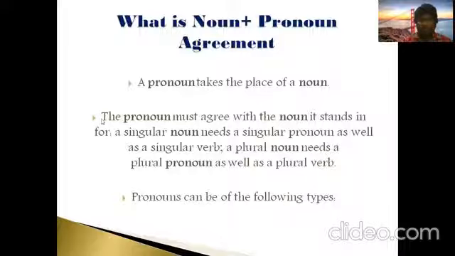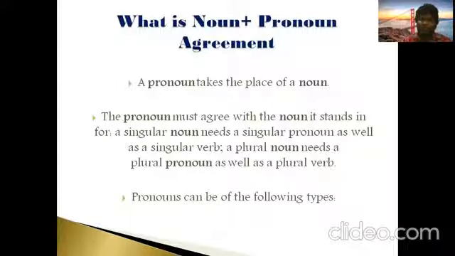According to our rule, a pronoun must agree with the noun it stands for. A singular noun is supposed to agree with a singular pronoun, and a plural noun is supposed to agree with a plural pronoun. This is what we even learned in our subject verb agreement: a singular subject takes a singular verb, and a plural subject takes a plural verb.